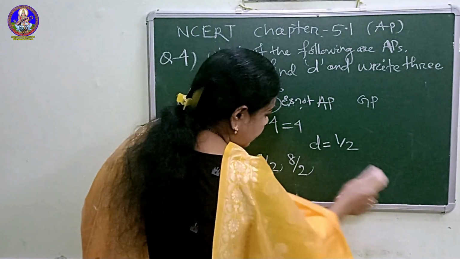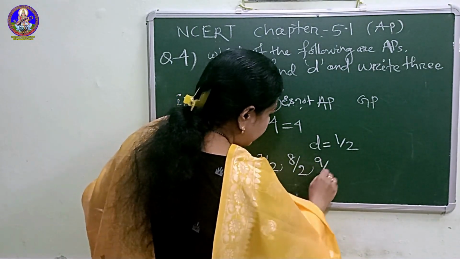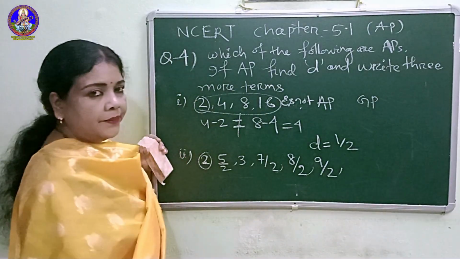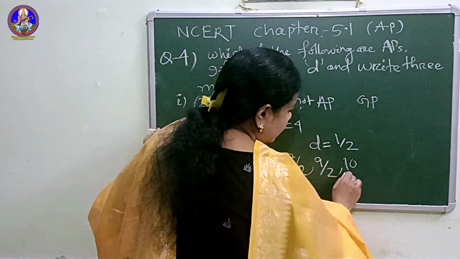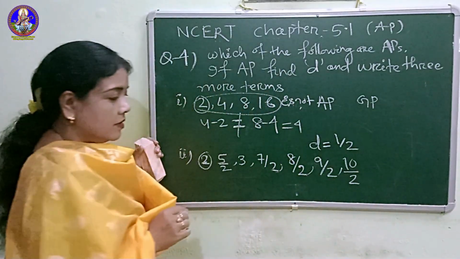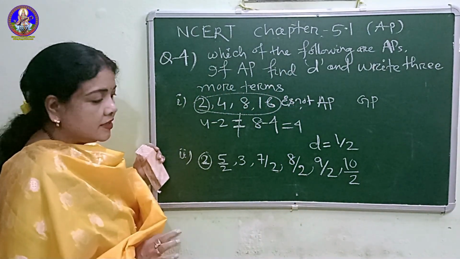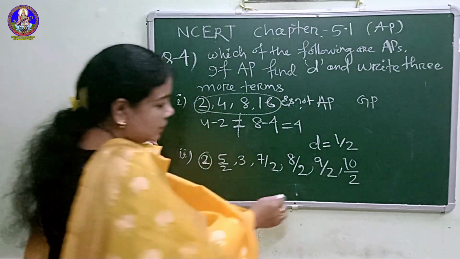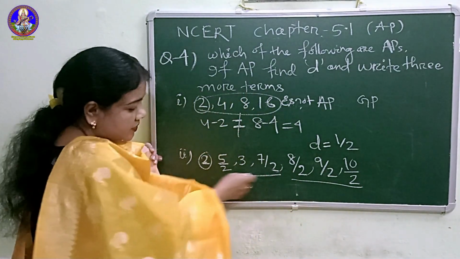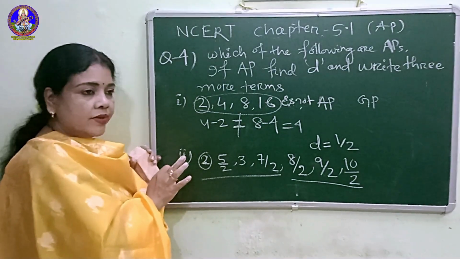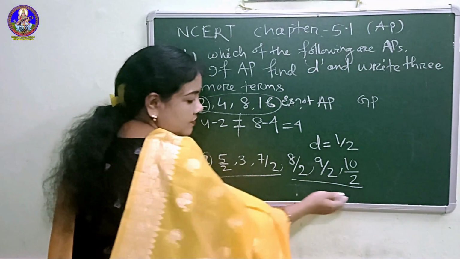Similarly, the next term will be 10 by 2, because 9 by 2 plus 1 by 2 is 10 by 2. Okay. So this sequence is coming under AP. That's why we can find the next 3 terms.